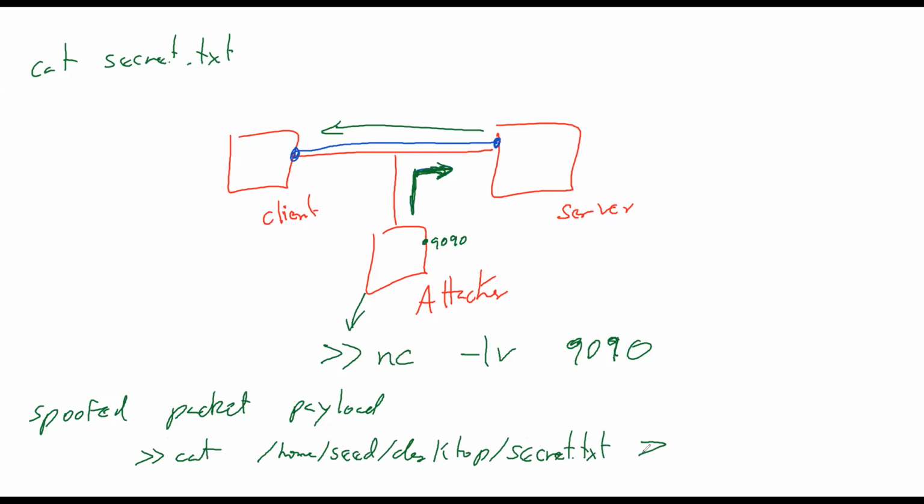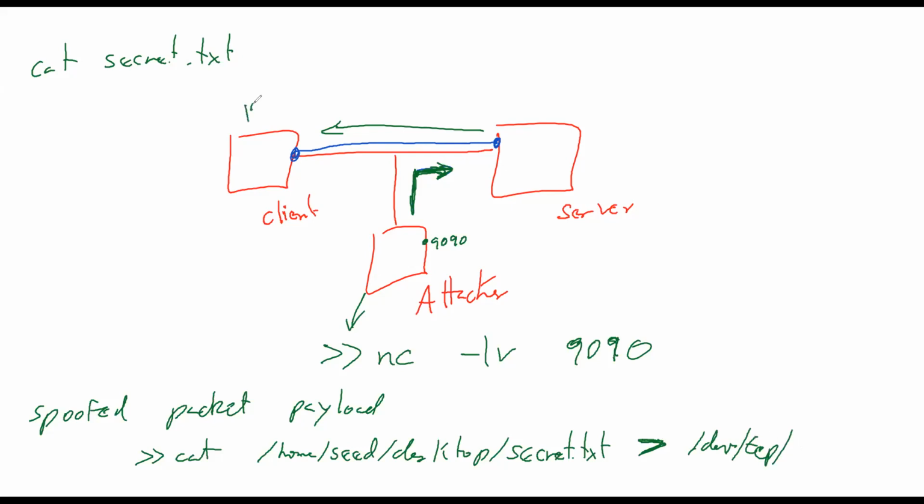And here, Linux has these devices, right? It has a way of sending stuff out into the network by using the device TCP. So /dev/tcp, and then we can specify just the IP.